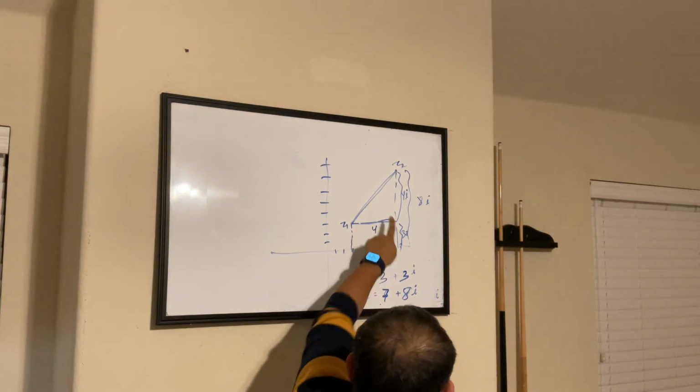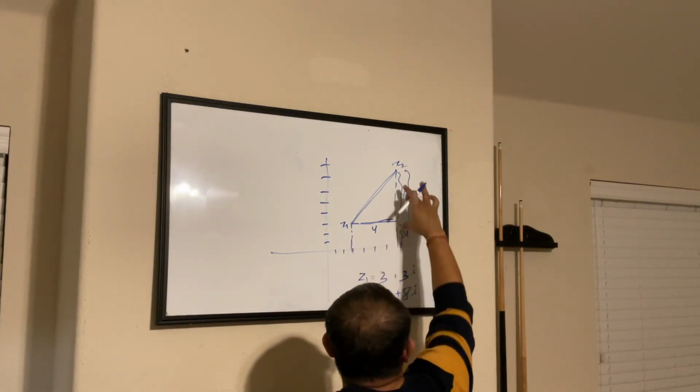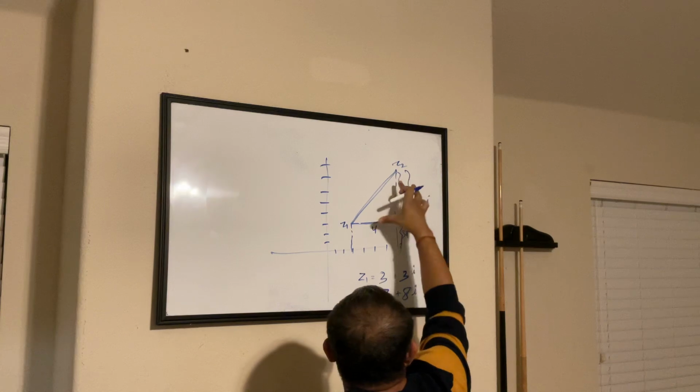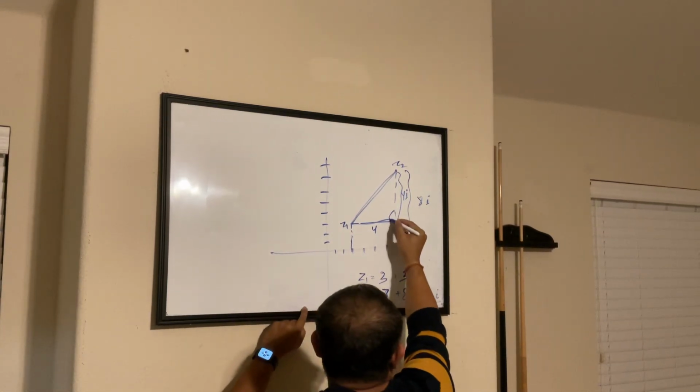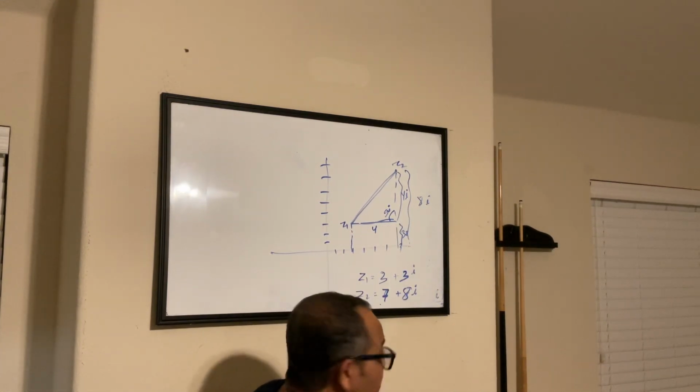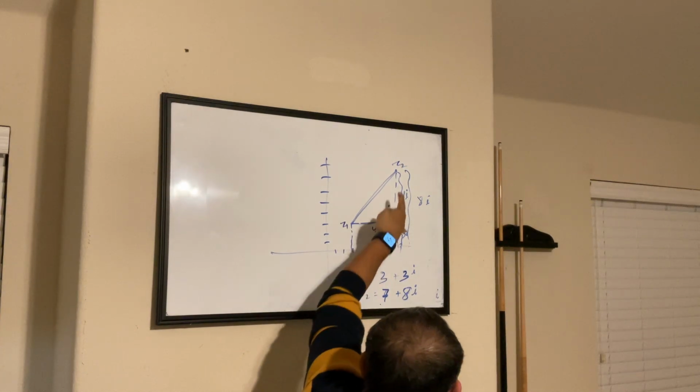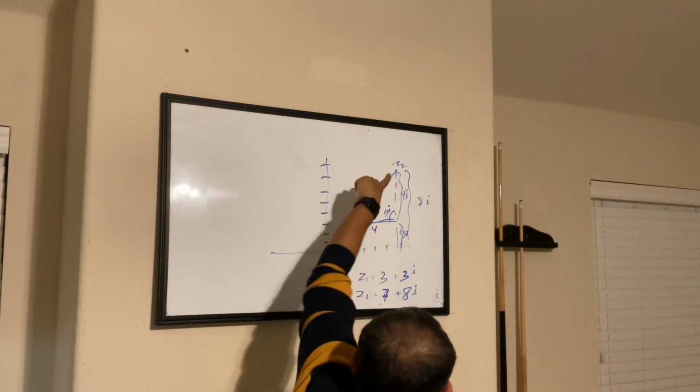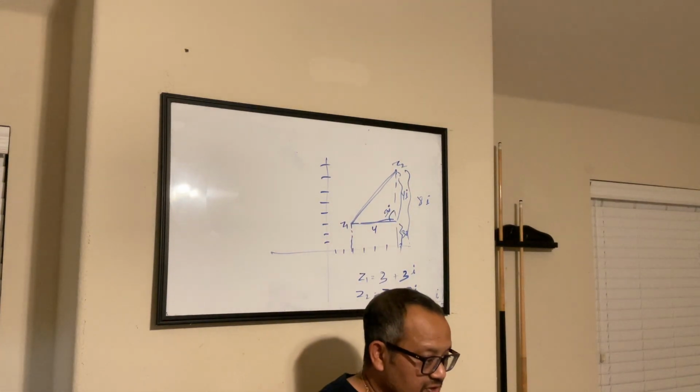So, what you will do is this square plus this square. Basically, this is nothing but the Pythagorean theorem, right? Where the square of this plus the square of this will be equal to the square of this. That is your Pythagorean theorem, correct?